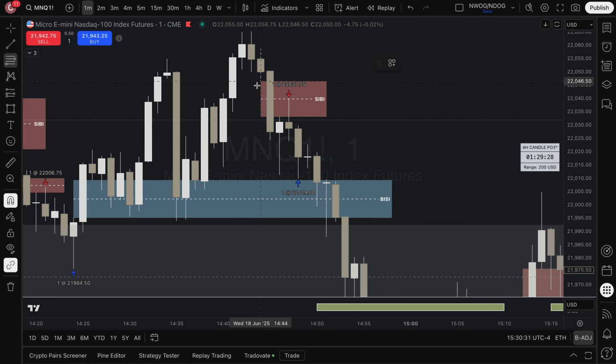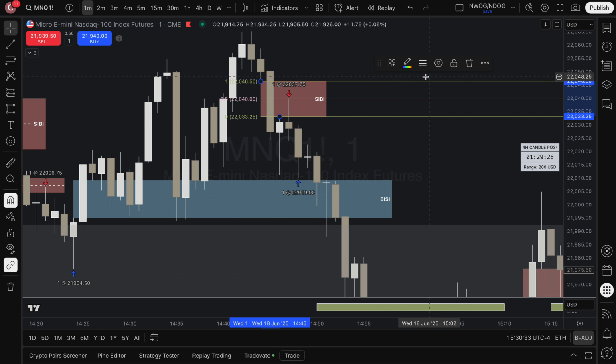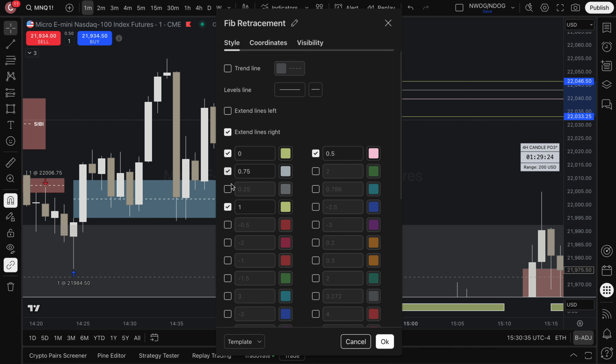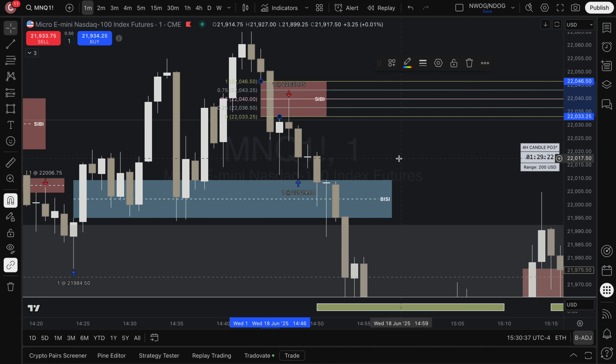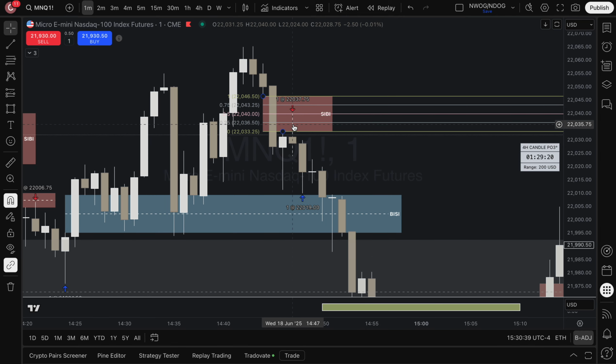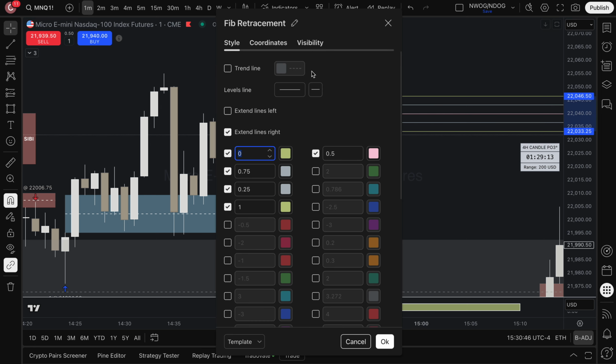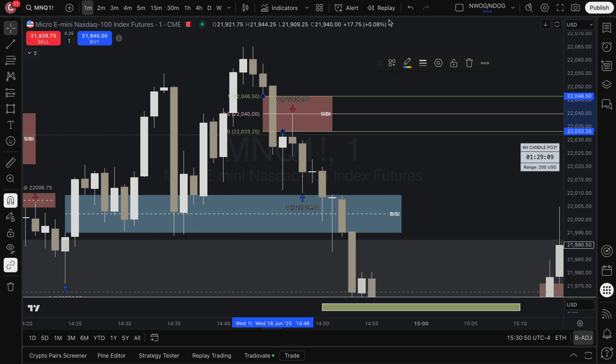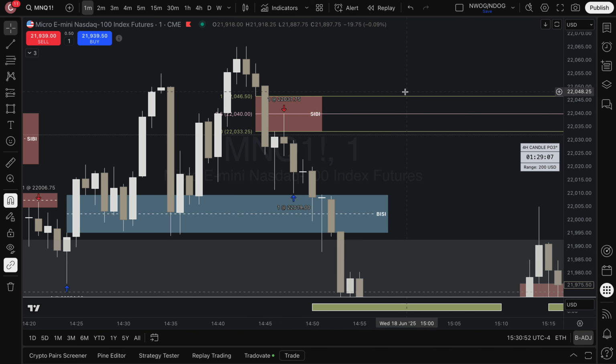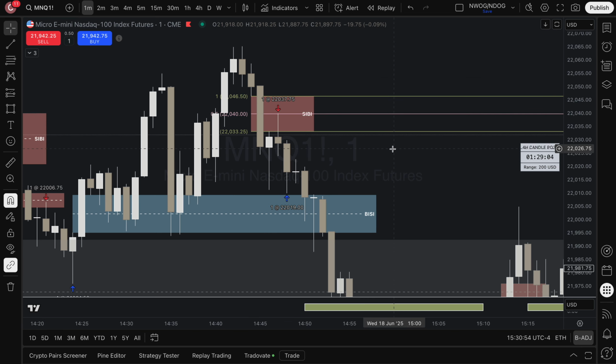So if you go measure out your fair value gap, you put on the third quadrant and the second quadrant. Watch how it reacts to this first half, the first quadrant and the midpoint. And if it respects it, you can say with high certainty that it will probably go in the direction of your trade.